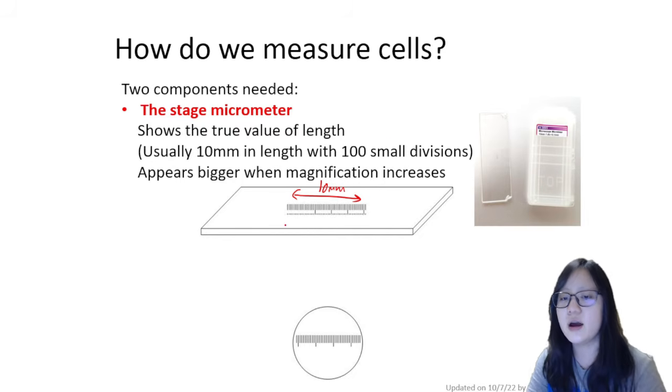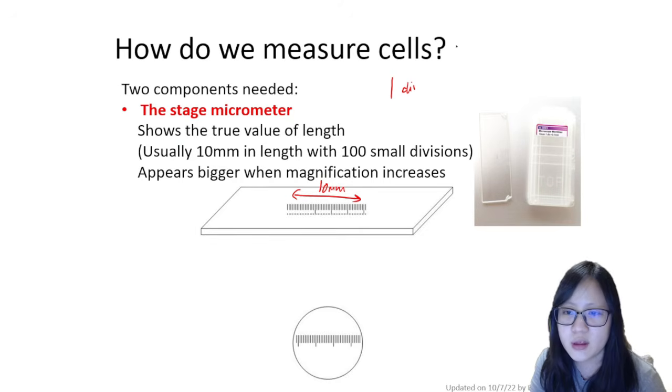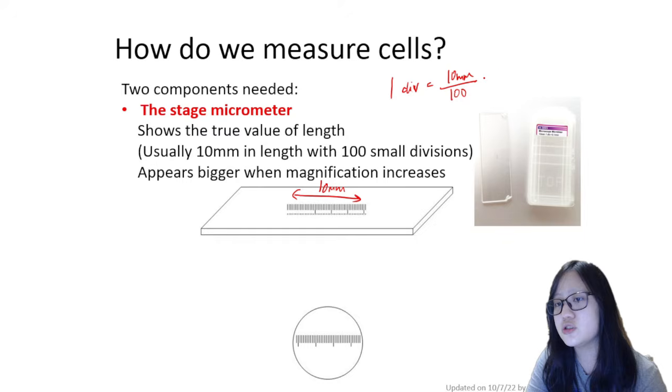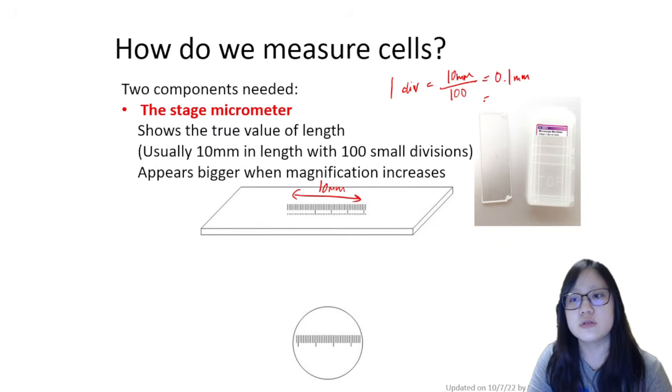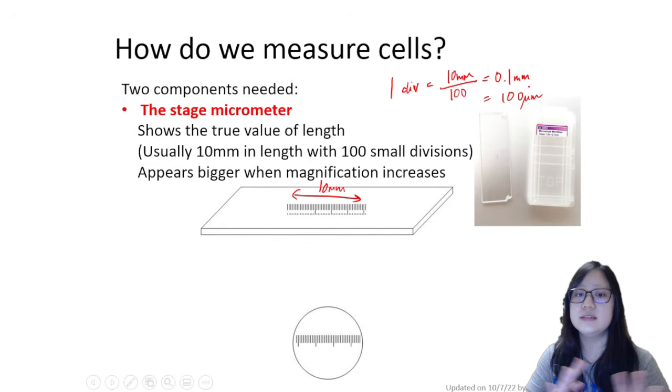So 10 divided by 100 means one small division is 10 mm divided by 100, which is 0.1 mm, which converted to micrometers is 100 micrometers per division.